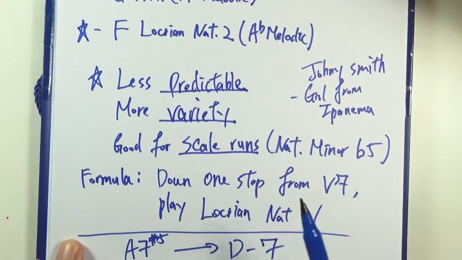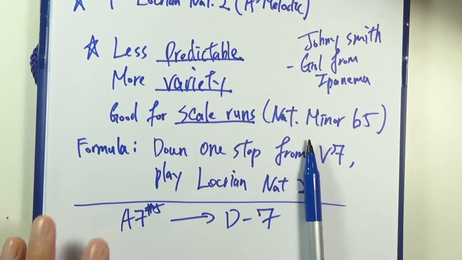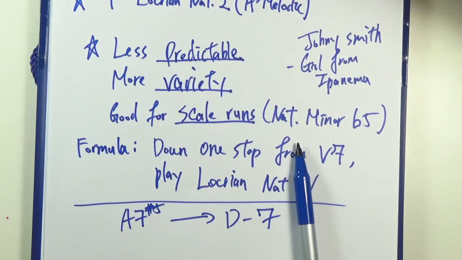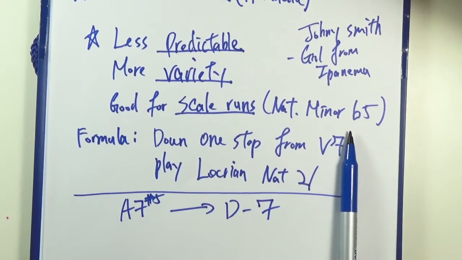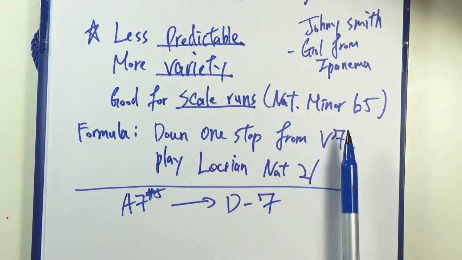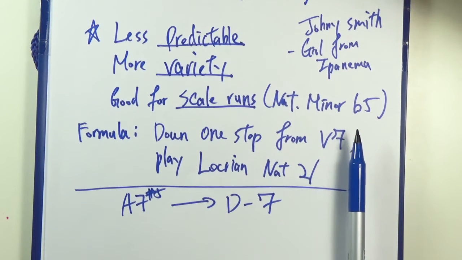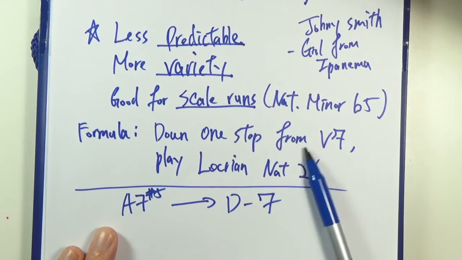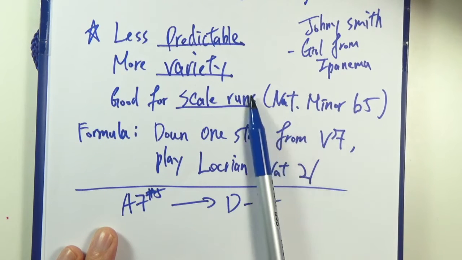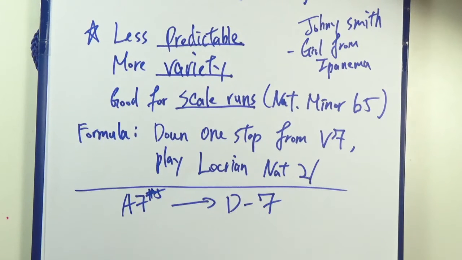It's good for scale runs because the natural minor scale is something that everybody is familiar with. You just need to tweak the scale by flattening the fifth. It's relatively easy to pick up because a majority of the notes are already something that you're familiar with.